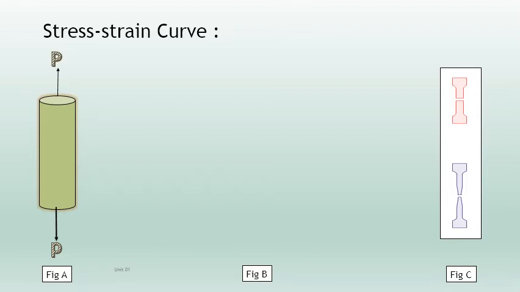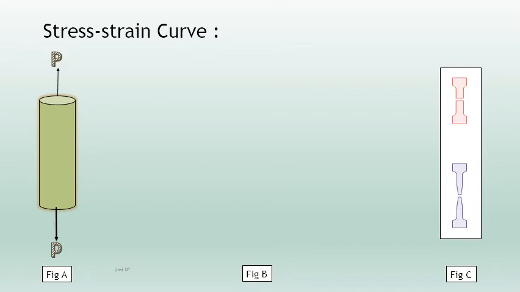But if you consider this test specimen of mild steel, you will get this cup and cone type formation here. It is also called neck formation. You can see in figure C, neck formation.